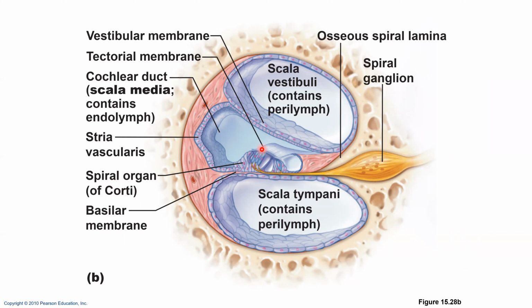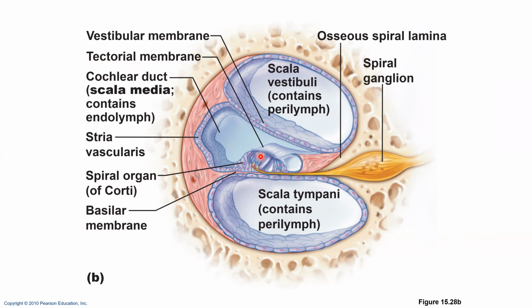Now on the top of this organ, there is another membrane. It's called the tectorial membrane. So here's the tectorial membrane and the basilar membrane. Basilar on the base. And between them we have this organ of Corti.